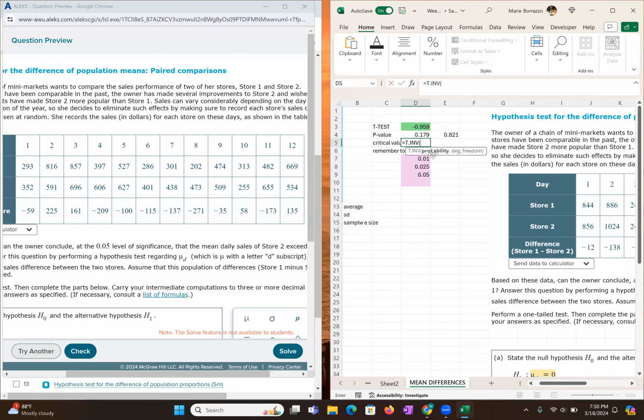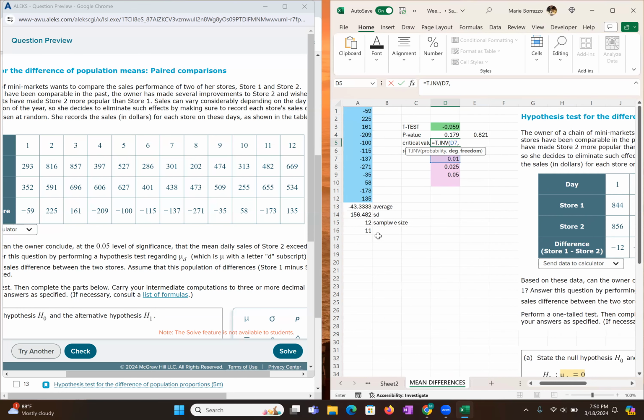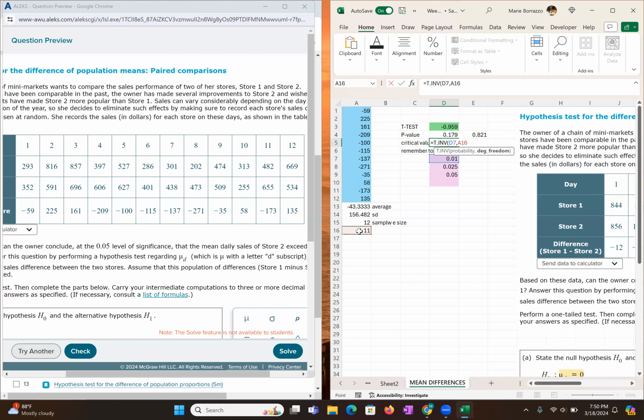I'm gonna put in the 0.01, comma, and degrees of freedom, which is gonna be 11 in this case. And hit enter. So this is the negative of it. And if you want the positive of it, just use one of these. If it's greater than, it's gonna be the positive. Okay, so you have both the values there to use.